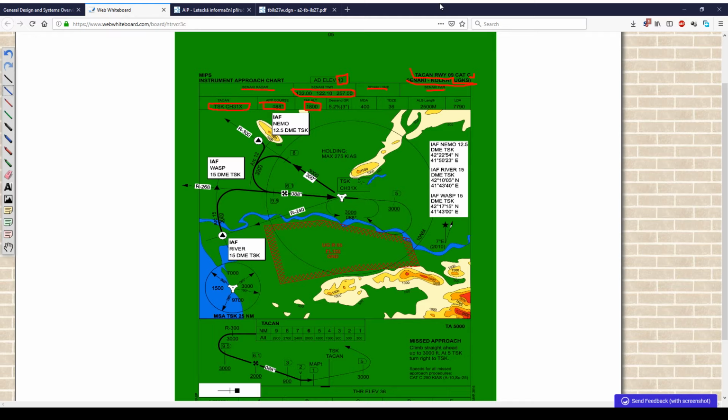What's FAF alt? FAF out, final approach fix altitude. But the final approach fix should be at the point where you should start descending, I think.